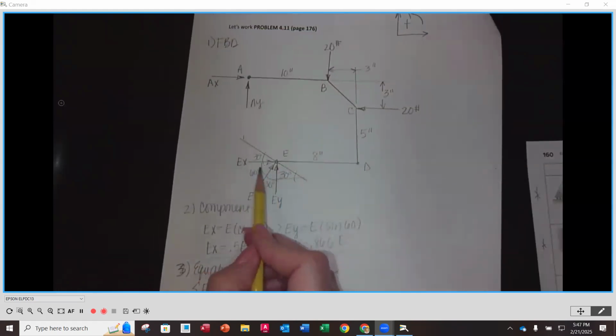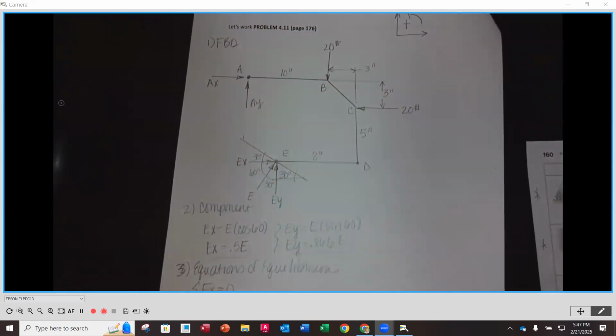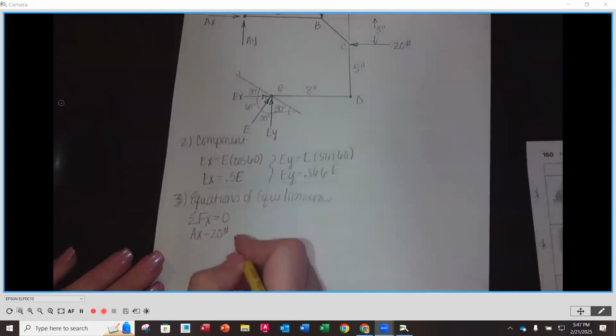And then as far as the X component here, we assumed a positive direction for EX. Now, EX we're going to put in terms of E. So this is going to be plus 0.5 E. Okay.